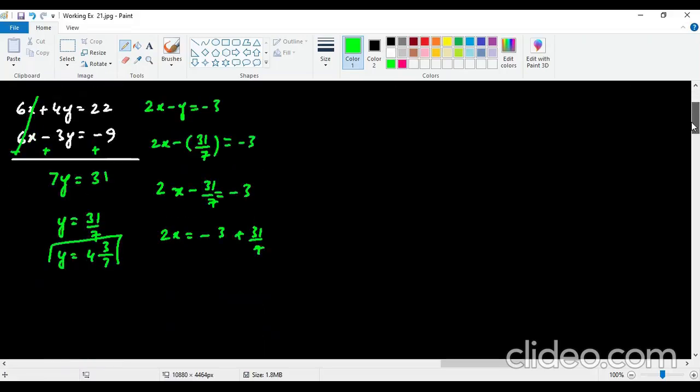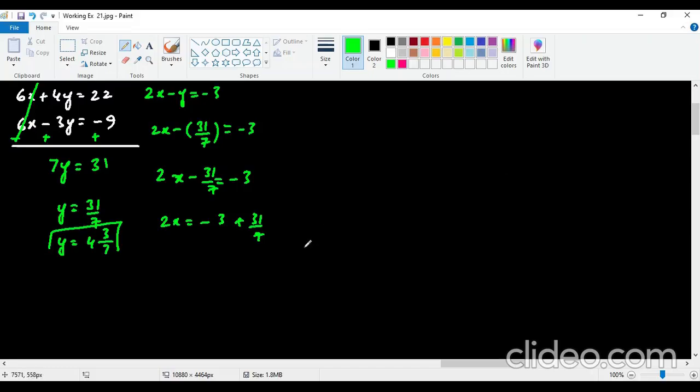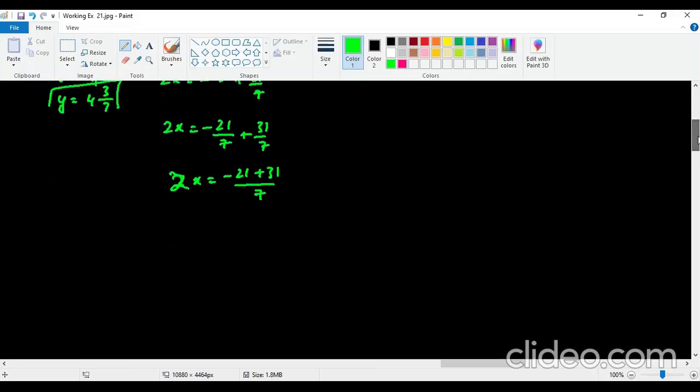Solving the fractions is going to give us 2x equals minus 21 over 7 plus 31 over 7. In here 2x will be equal to negative 21 plus 31 over 7, and this is going to become 2x equals 31 minus 21, which gives us positive 10.